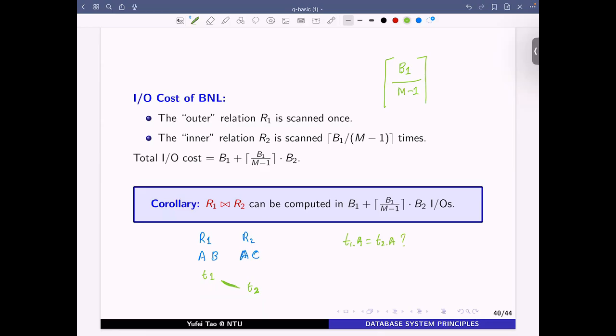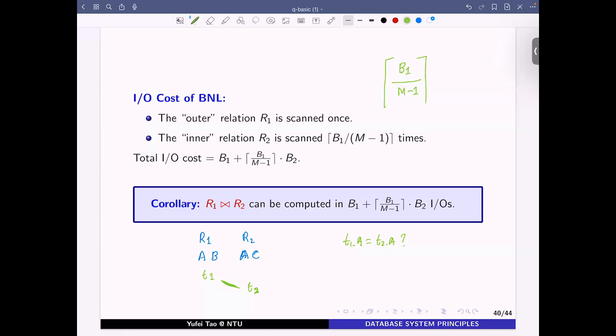Whenever T1 and T2 perform a handshake, both tuples are sitting in the main memory. So that's the moment when you can check this equality condition.